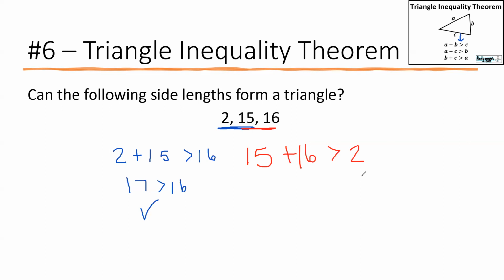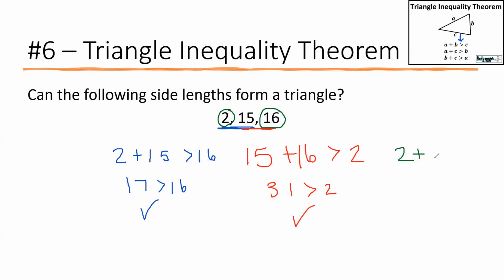But there will be times once you get the hang of this that you can be like, oh yeah, I know that one works. Move on, try the next one. So if I add these, I get 31. 31 is obviously greater than 2. That works. So now for our third and final set, I then take the first one and the last one and add those together.